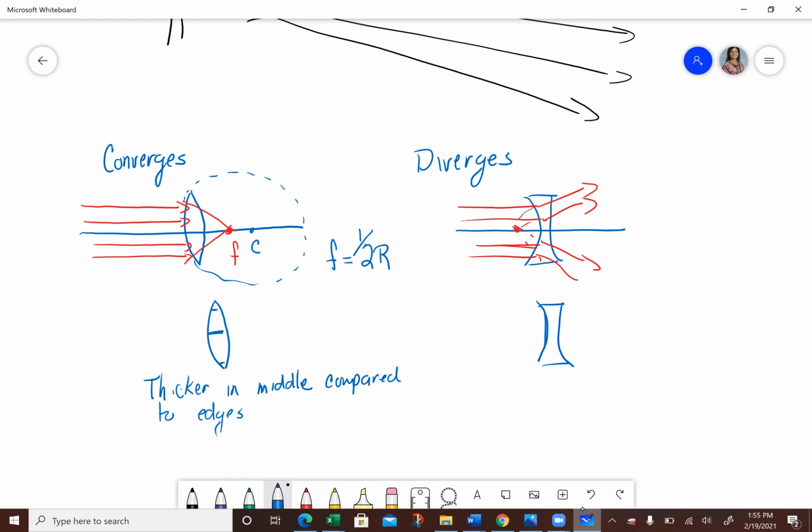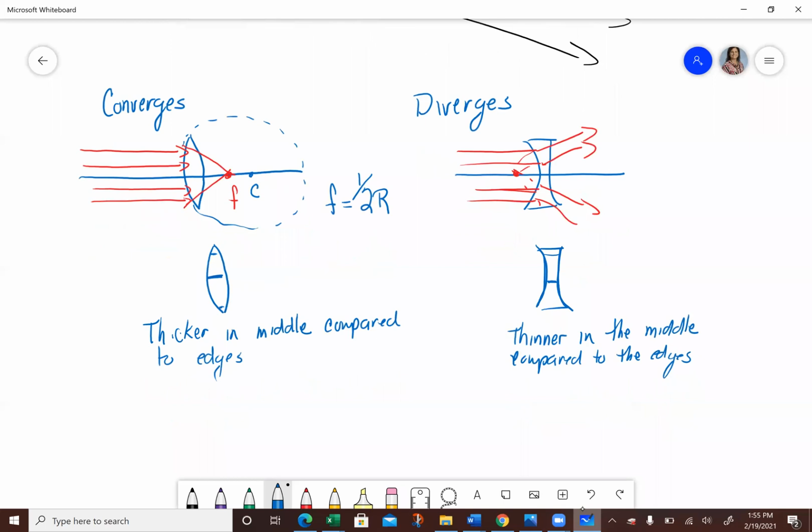And a diverging lens is thinner in the middle compared to the edges.